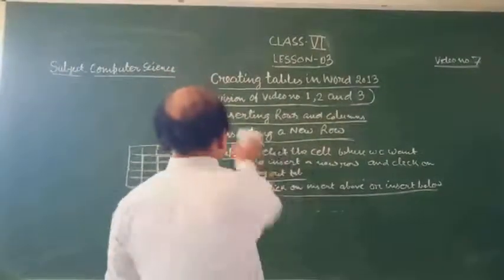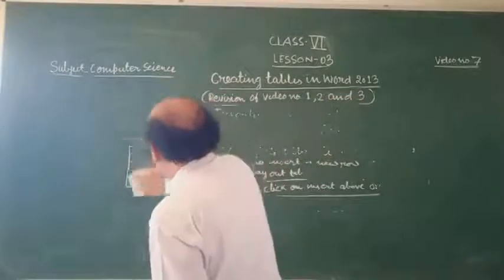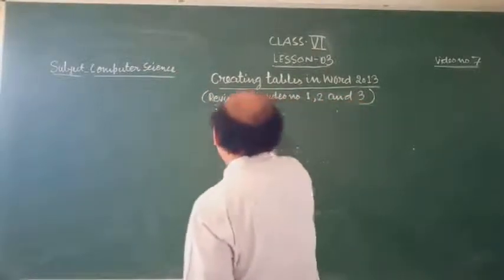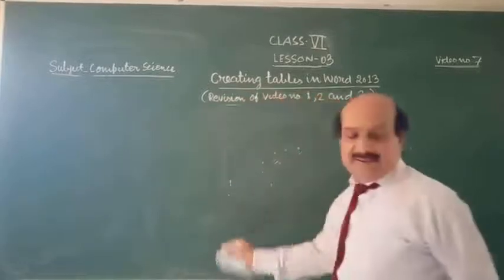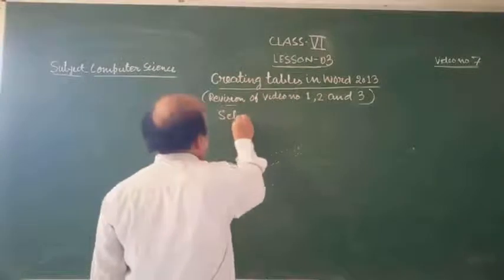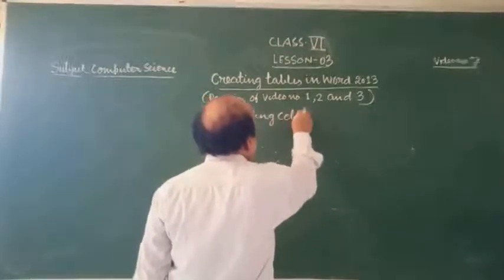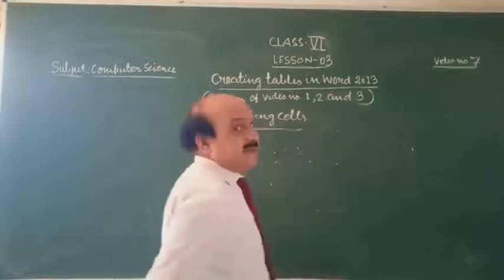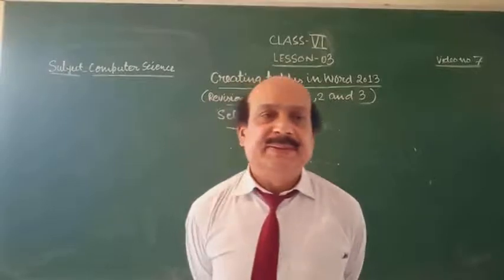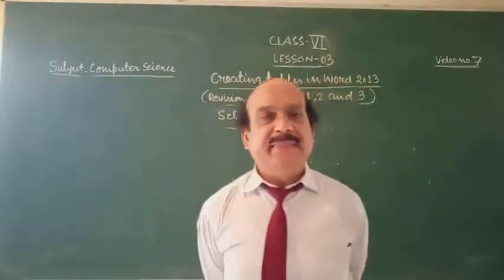Now students, next is selecting cells. How we can select cells. Selecting cells: we can select multiple cells, rows and columns in a table to edit or format them together.